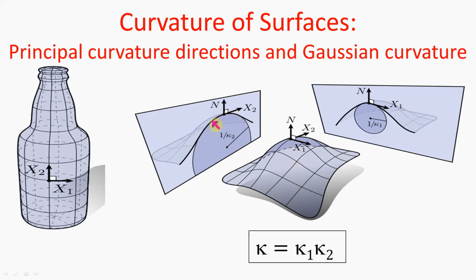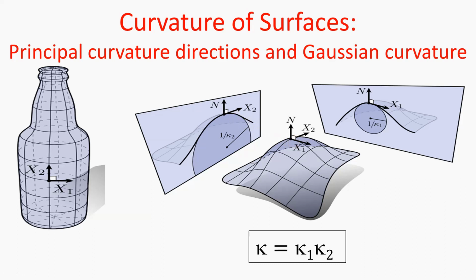So for this curve on the surface, we can determine the osculating circle and compute the reciprocal of the radius, and we obtain a curvature for this particular curve. This curvature depends on the selected direction. That's why it is also called directional curvature.